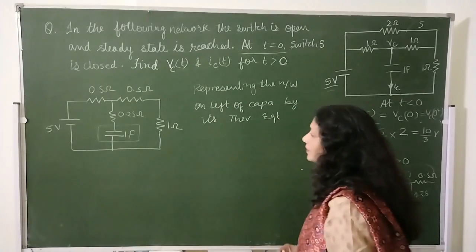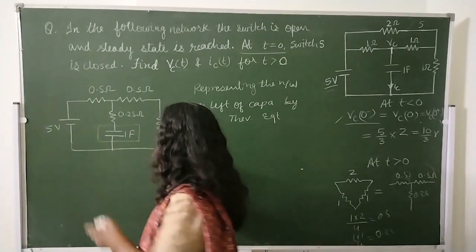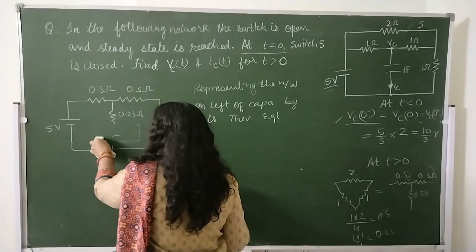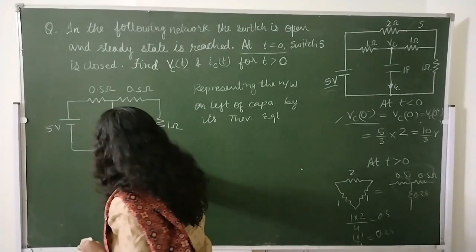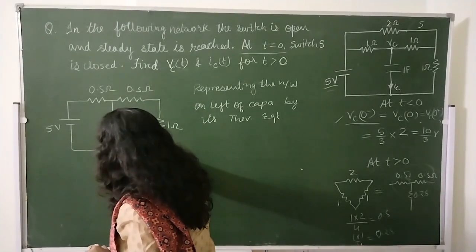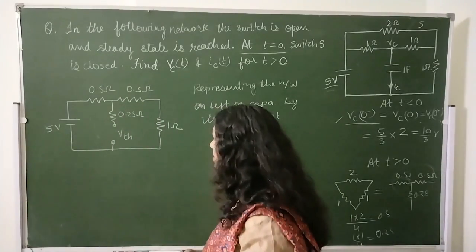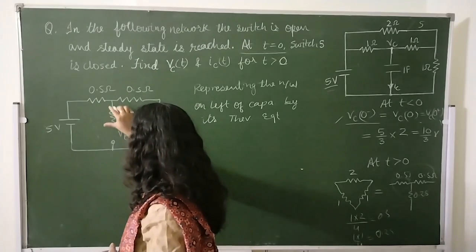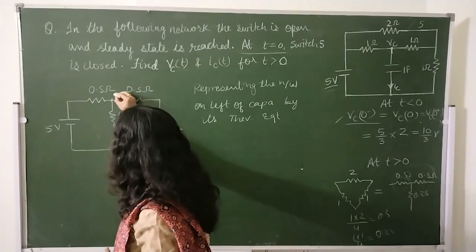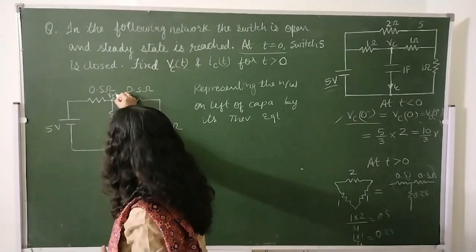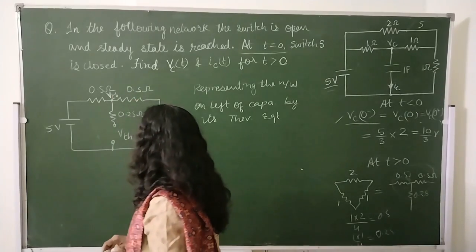First we will open circuit this capacitor and we will find VTH here. VTH is the voltage across this, and since no current is flowing, VTH is nothing but the voltage at this node.